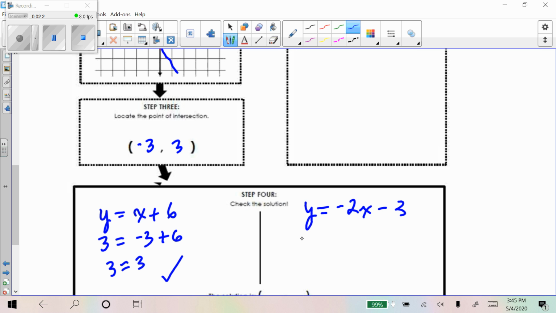Put the same 3 in for y, and -3 where the x is. Do the math. -2 times -3 is +6, and 6 minus 3 is 3. So both those equations check. All right.